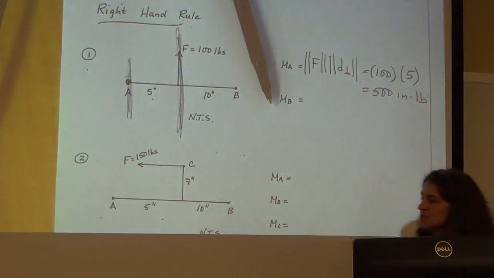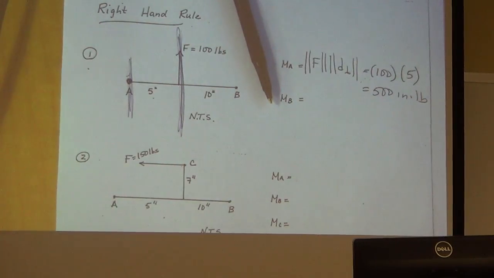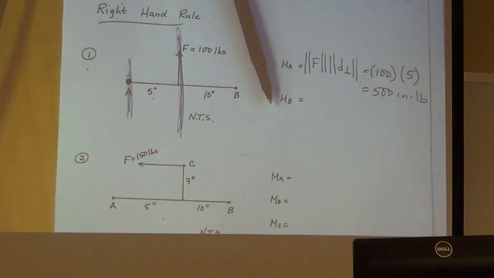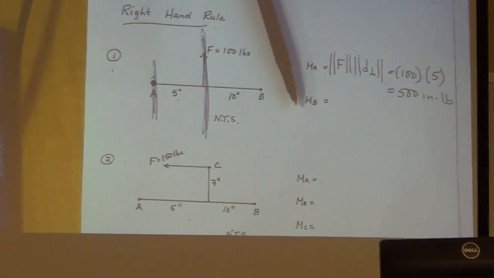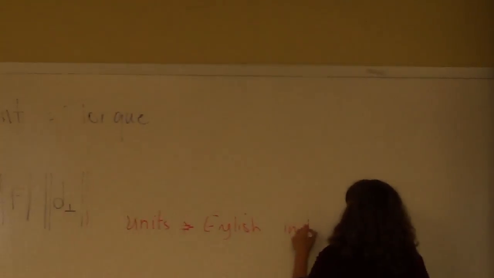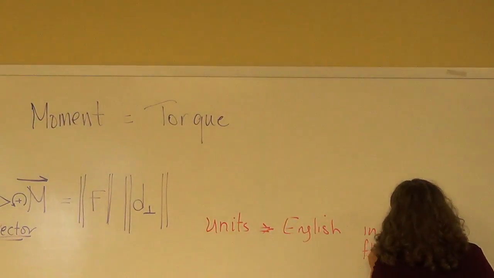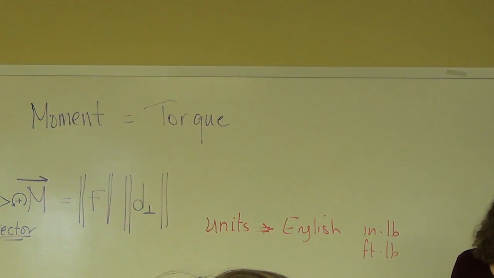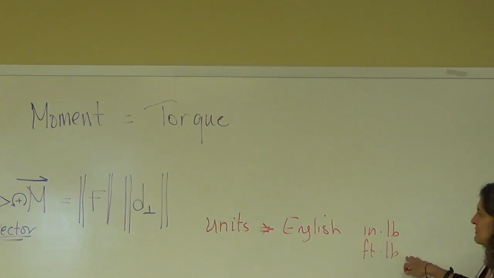You know what's kind of interesting? The units in the English system, we say inch pound. We say foot pound. Pound inch would sound weird to you. Pound inch, pound foot. Doesn't that sound weird? So notice the distance goes first.